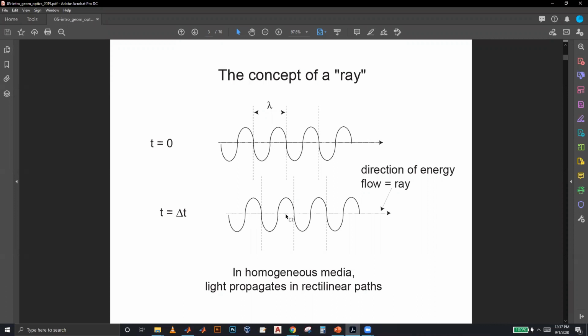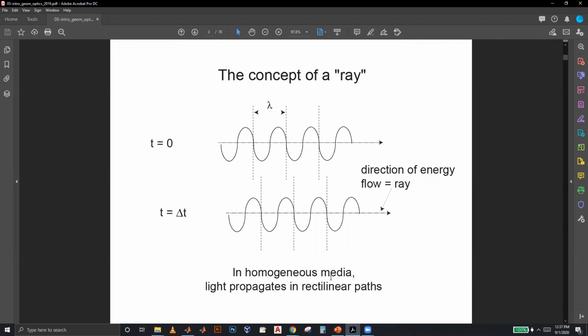Now if we trace out a line which is perpendicular and moving through these parallel wavefronts, we can call this a ray. It basically shows you the direction in which energy is flowing when light is propagating from one point to another point in space.